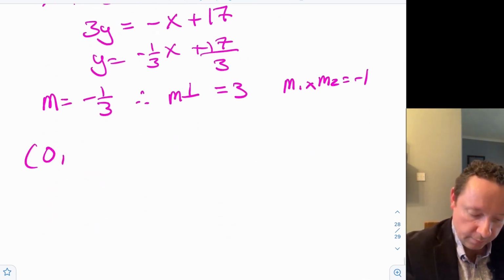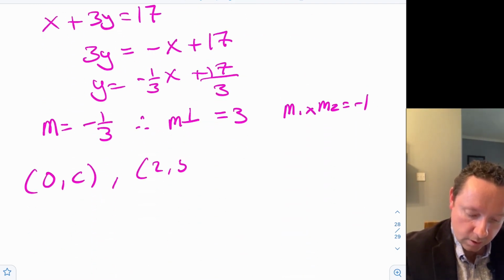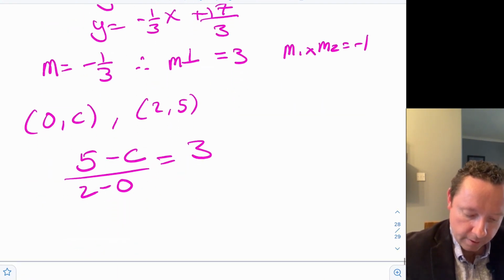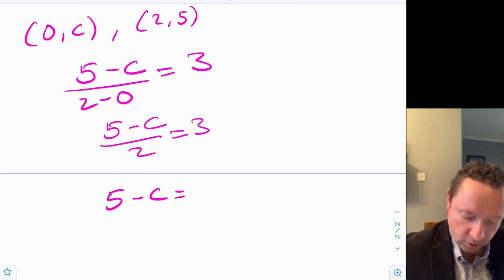We've got (0, c), and we've got (2, 5). So y2 minus y1, 5 minus c, over 2 minus 0, equals our gradient of 3. So 5 minus c over 2 equals 3. 5 minus c equals 6.